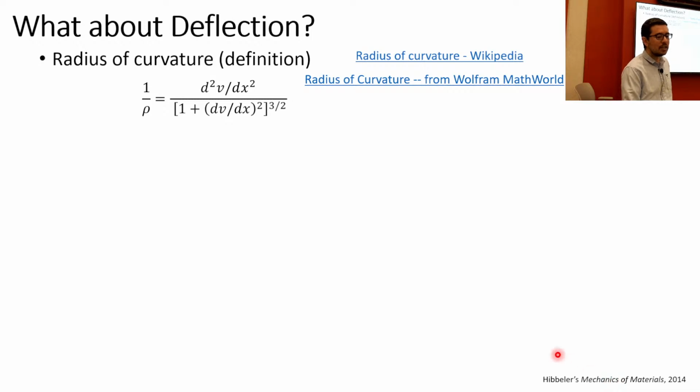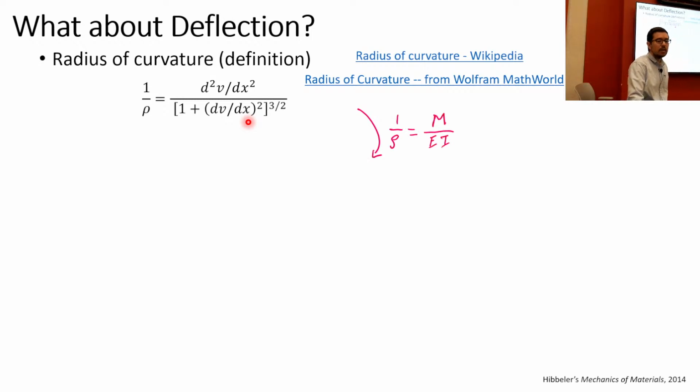You might have seen it in terms of a dy, not dv, but the second derivative of y with respect to x as you're going along a line. In this case, our v is the y direction. Then you have this interesting first derivative, dy/dx squared, in the denominator.